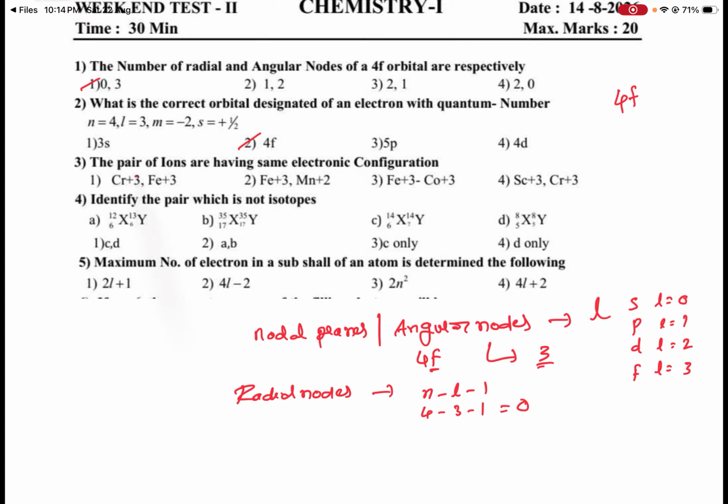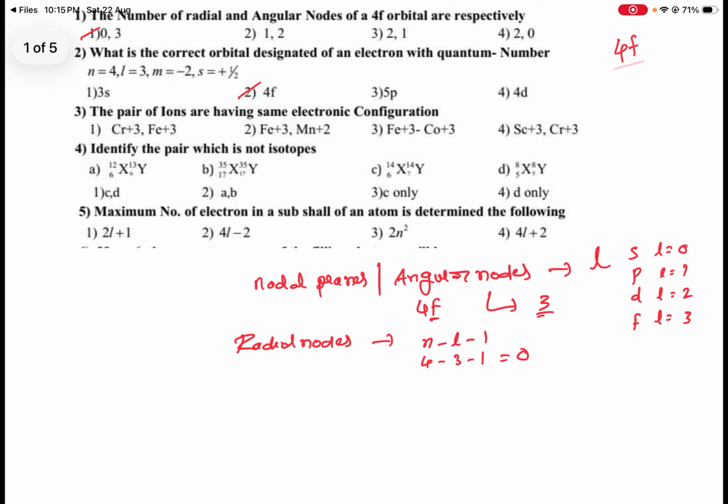Next, the third one: the pair of ions having the same electronic configuration. First one chromium plus 3, Fe plus 3; second one Fe plus 3, Mn plus 2; third one Fe plus 3, Co plus 3; fourth one Sc plus 3, Cr plus 3. Here, first option: chromium plus 3, Fe plus 3.